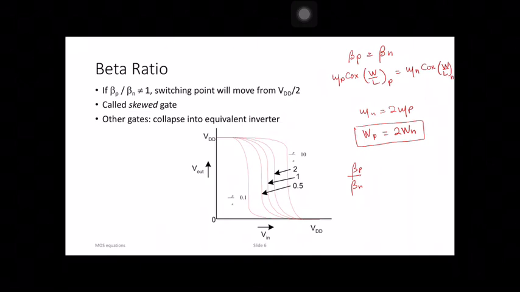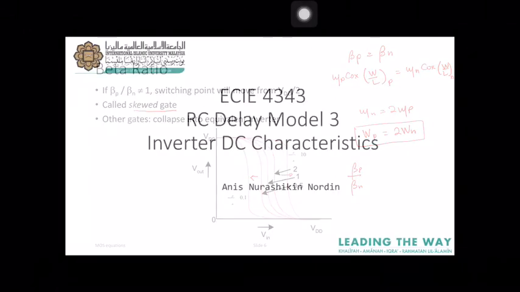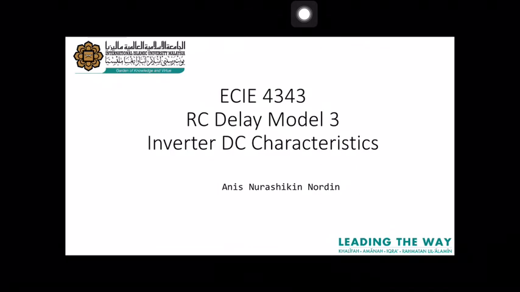If beta N is bigger than beta P, the graph will move to the left, and if beta P is bigger than beta N, the graph will move to the right. It is called a skewed gate, and the output will not be equal.